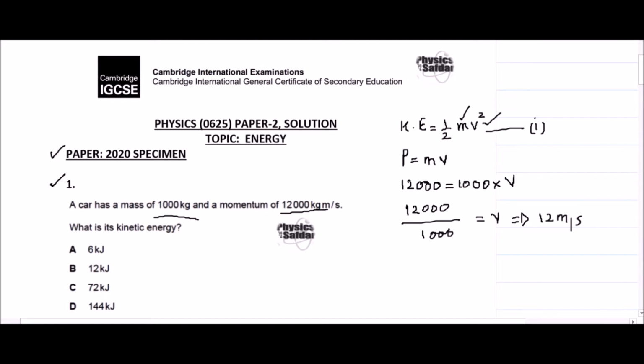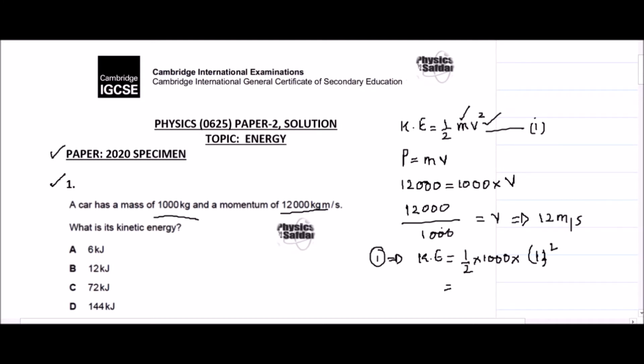Now by using equation number 1, you can find the kinetic energy of the car. So write equation number 1, that is half times mass, that is 1000, times V, 12, make it squared. After the simplification, what do we get?